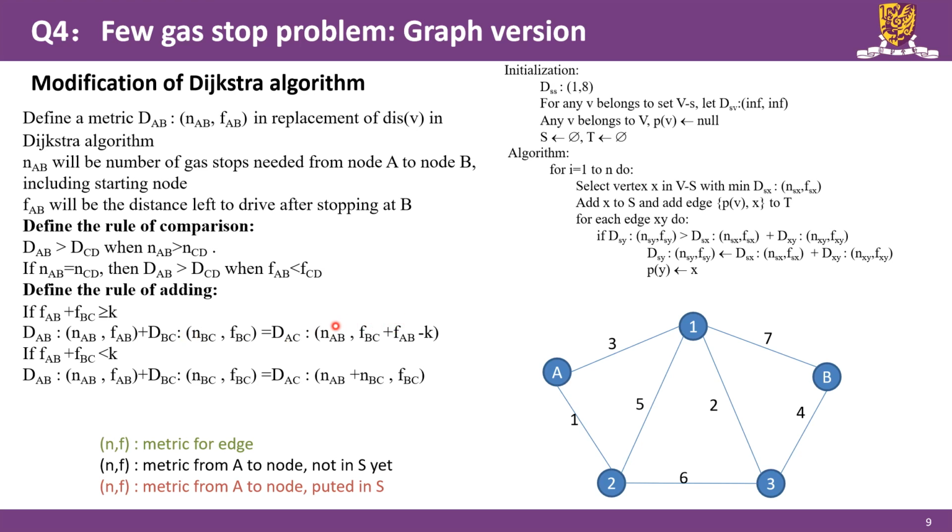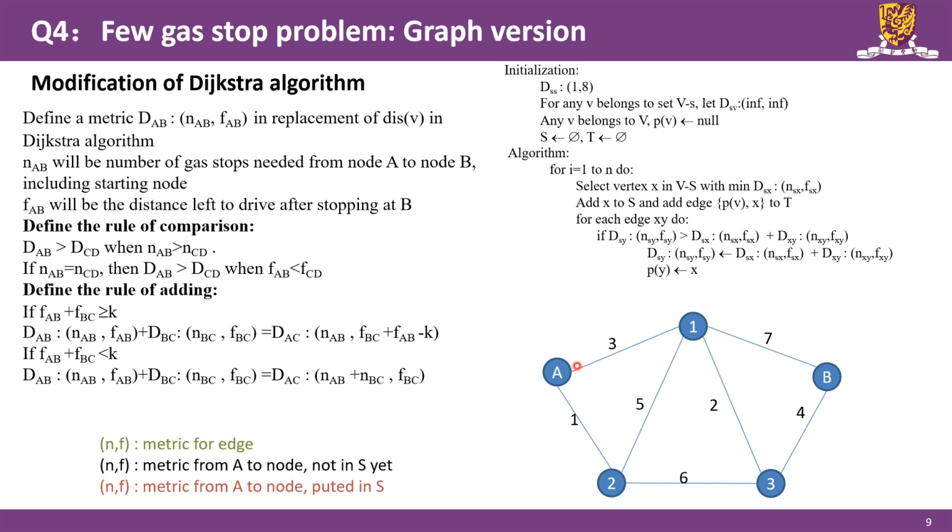So we don't change the number of stops after stopping at B, because we don't need to stop at B. We can directly travel from A to C, and the distance that we have left is calculated by this formula.